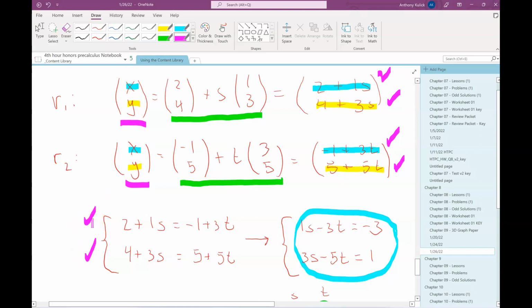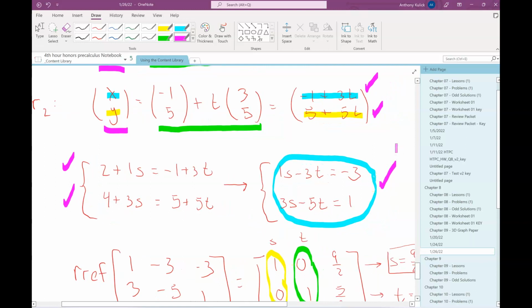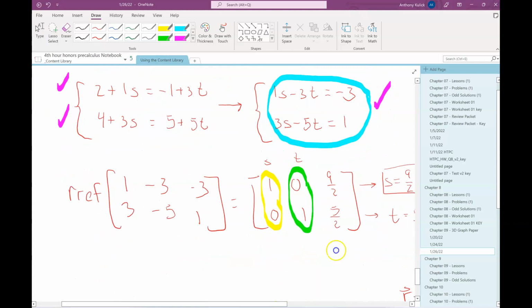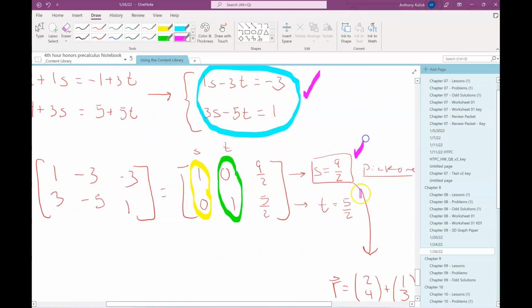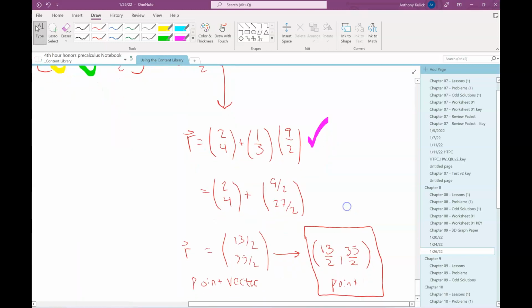We then rearranged our system to get into a place where we can do RREF on it. We solved that system using RREF to get the values for S and T when the intersection occurs. And then pick one of the 2 variables and plug it into the corresponding vector line equation. That gives us the point vector at the intersection, which we just converted into a point.